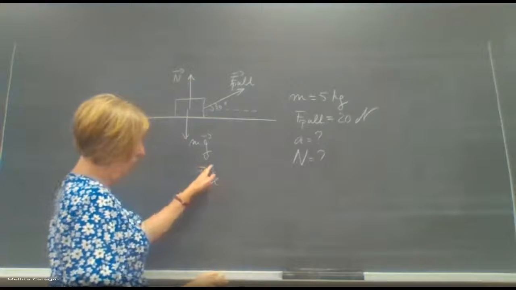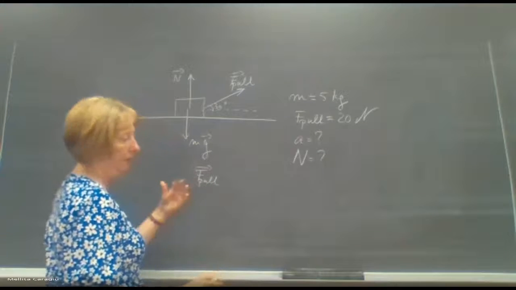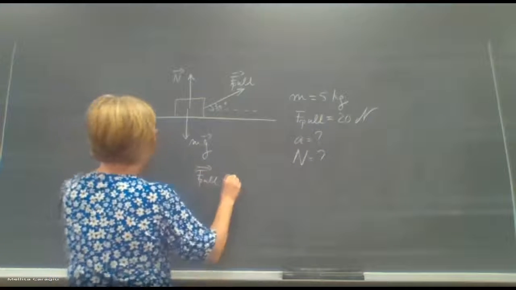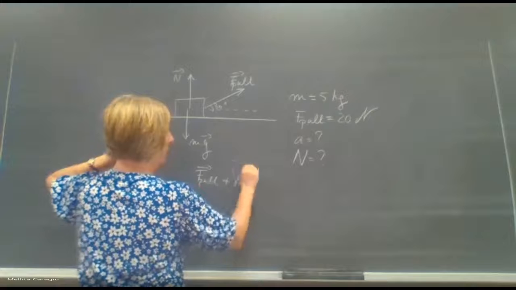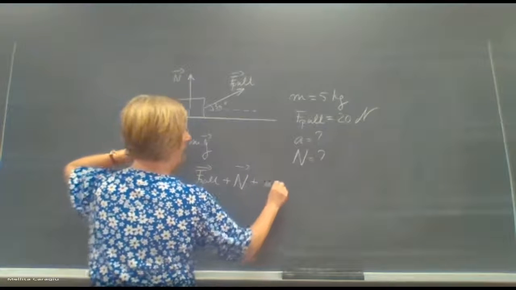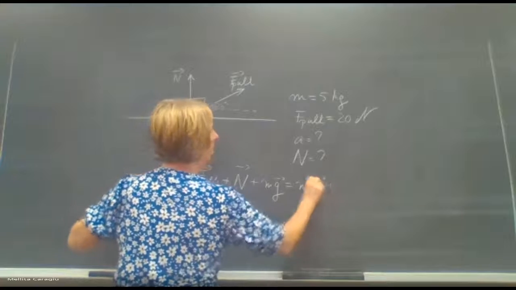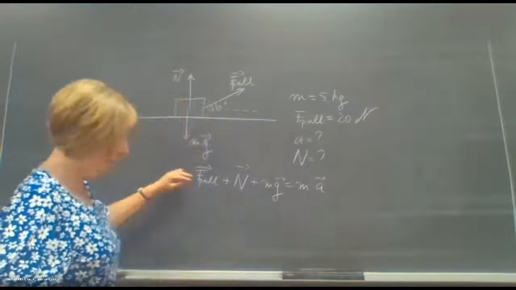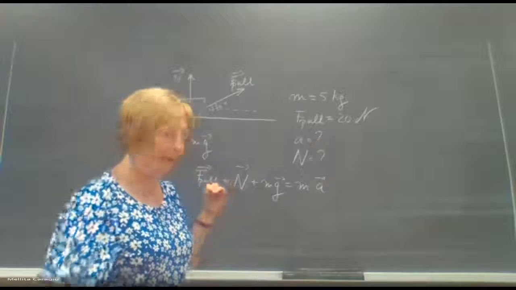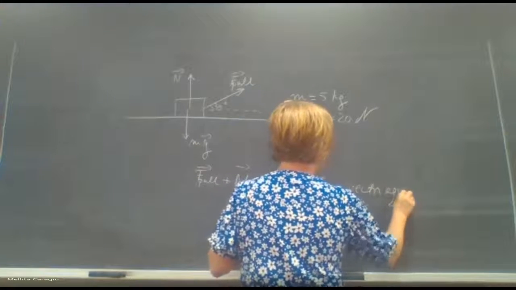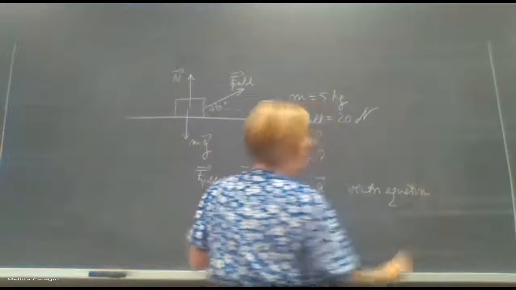Therefore, you're obligated to write the vector sign above the force. So F pull plus the normal force plus the weight, everything equals mass times overall acceleration. And this is a vector equation, right?